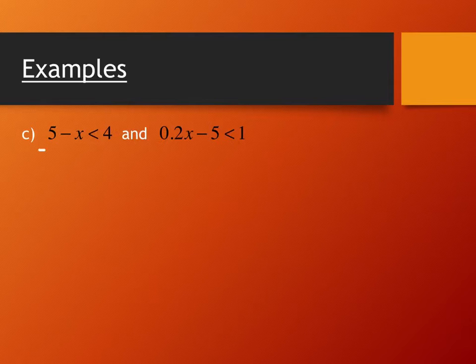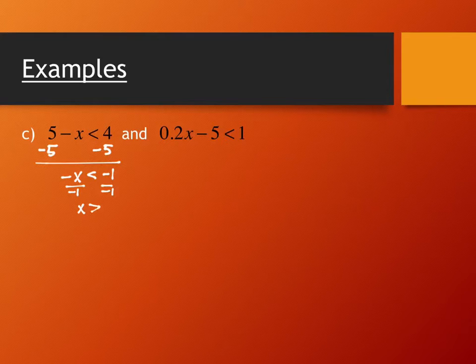So the first thing I'll do here would be to subtract my 5. So negative x is less than negative 1. Remember, it's not addition and subtraction that change signs. It's only the multiplication by negatives or division by negatives. So this is negative x is less than negative 1. And then I will multiply or divide, if you wish, by a negative 1.